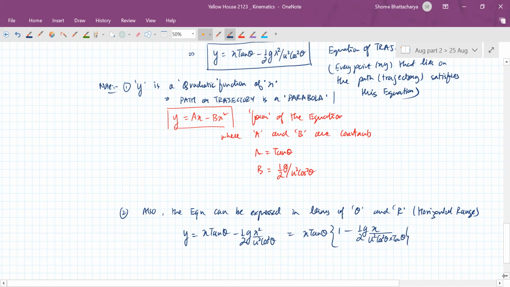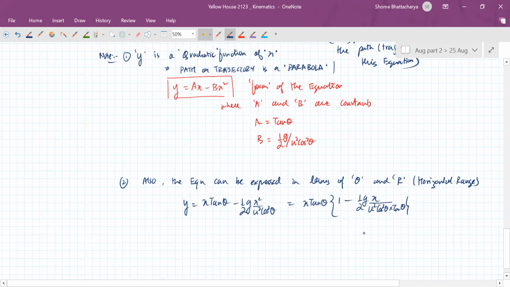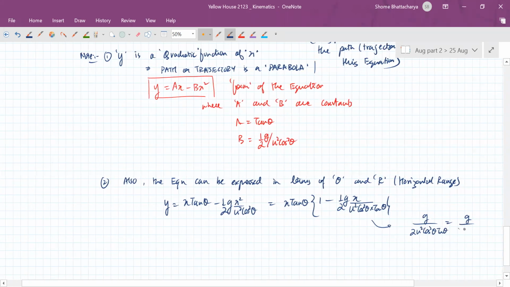So now you can see that this term, g upon 2u square cos square theta into tan theta, is the same thing as g upon 2u square sin theta cos theta, which is g upon u square sin 2 theta, which is 1 by r.